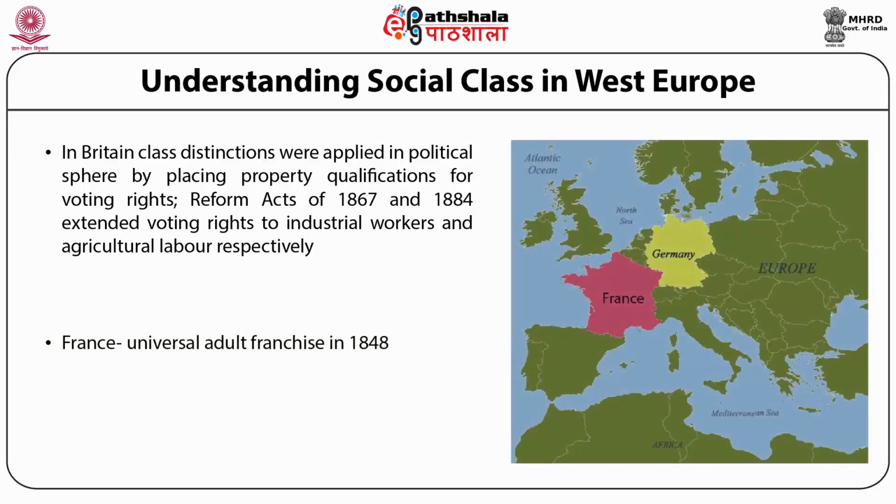In France, universal adult franchise was established in 1848. But one particular community which comprised almost one half of the population, that is women, had still not got their voting rights. But certainly the two major classes which were denied this right for a long time got their voting rights by 1848. In Germany, feudalism continued as late as the middle of the 20th century.